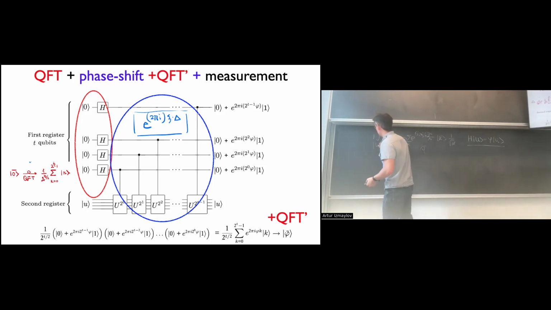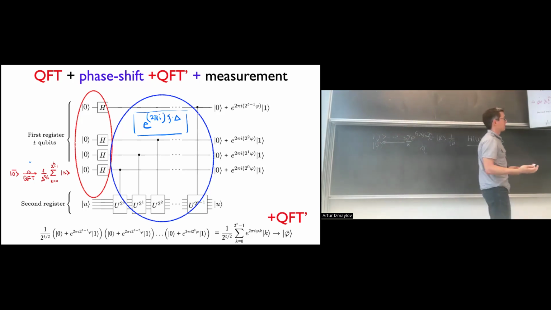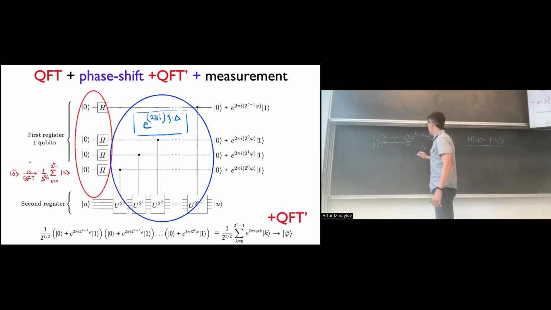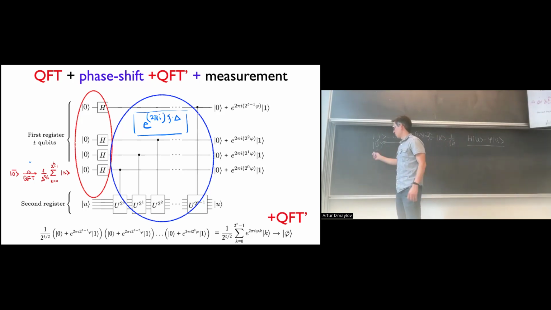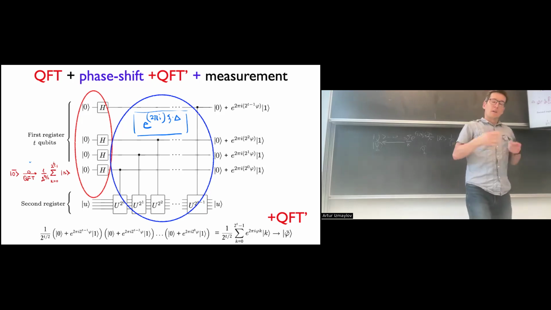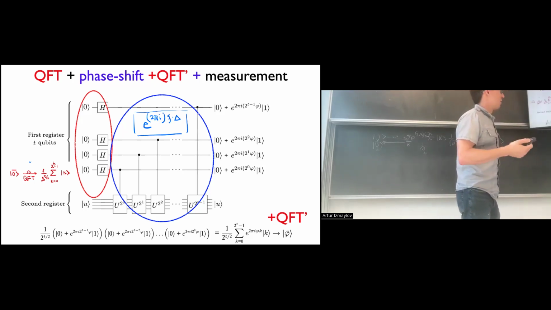We'll get maybe not the exact value of phi, but an approximation, because we have a finite number of qubits, right? So we have an approximation of the exact phase, as a binary representation with whatever number of qubits we have, right?